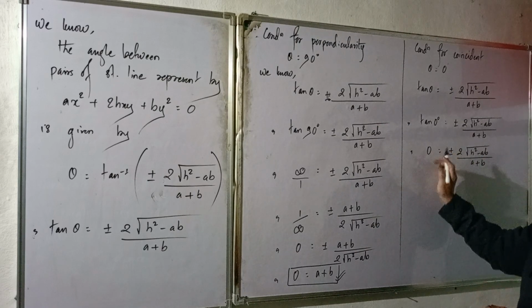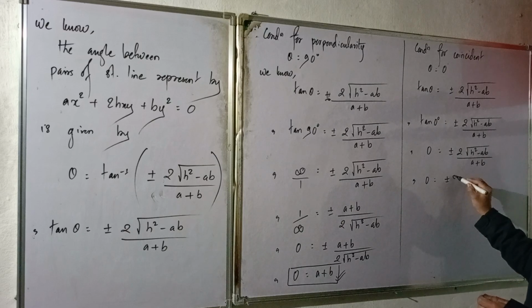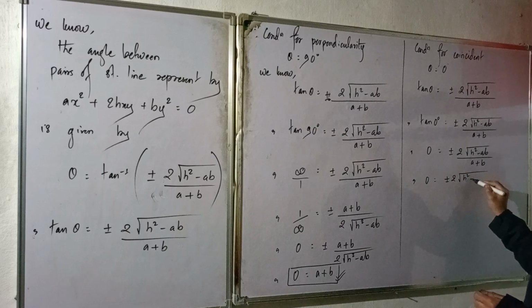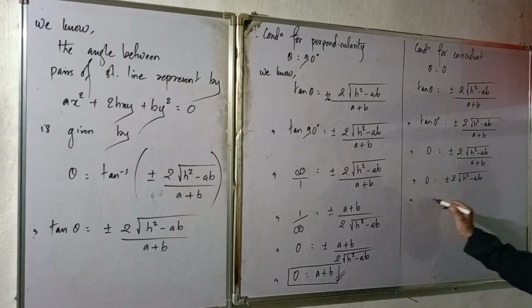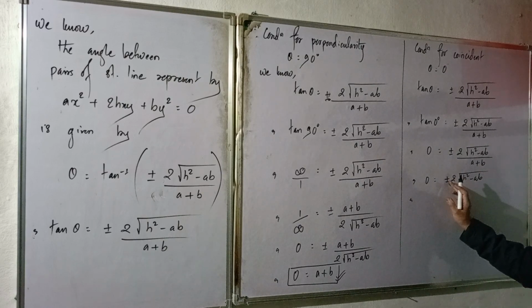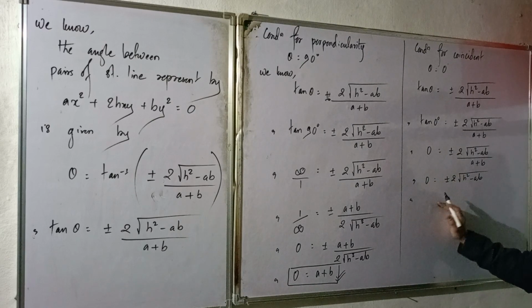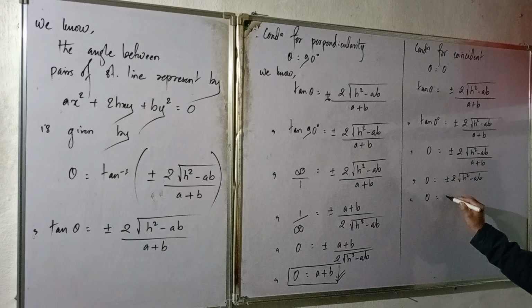Now you multiply this with this, which turns into 0 equals plus minus 2 under root h square minus ab. Now when you move this plus minus 2 to the denominator, it will just convert into 0.